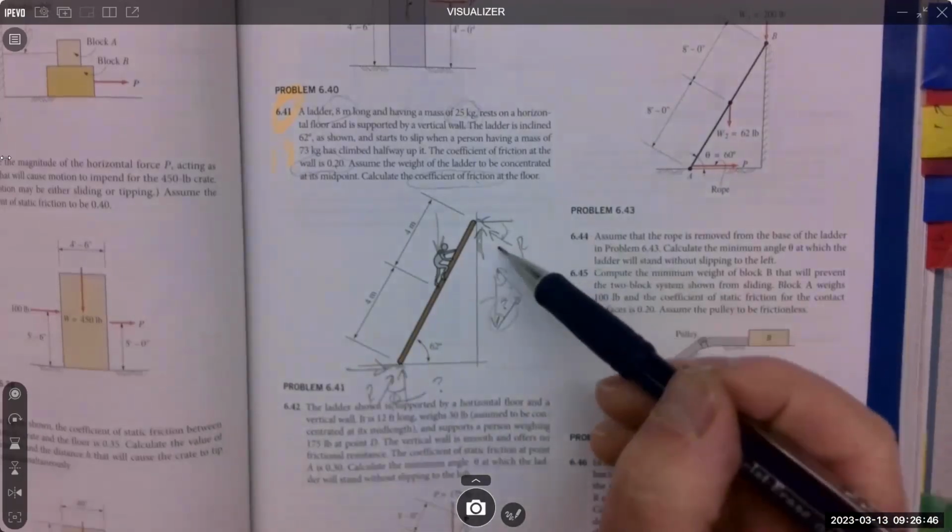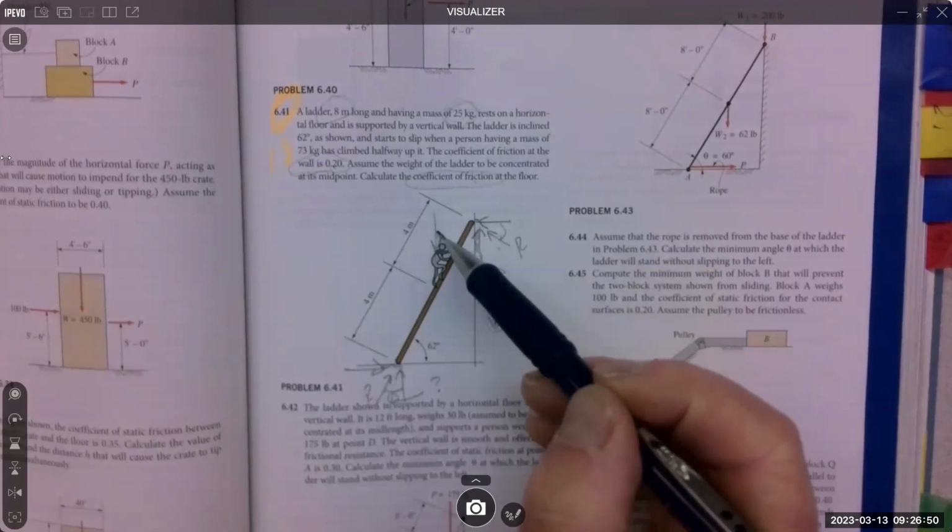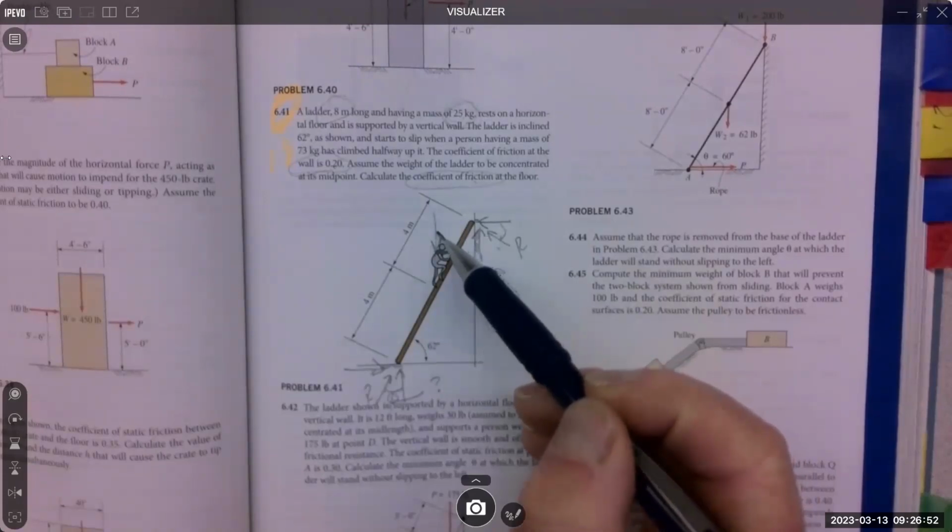So you should be able to build that force triangle between R and the weight. And then we'll clean that up on Wednesday. So good luck with that. And we'll be done with friction.